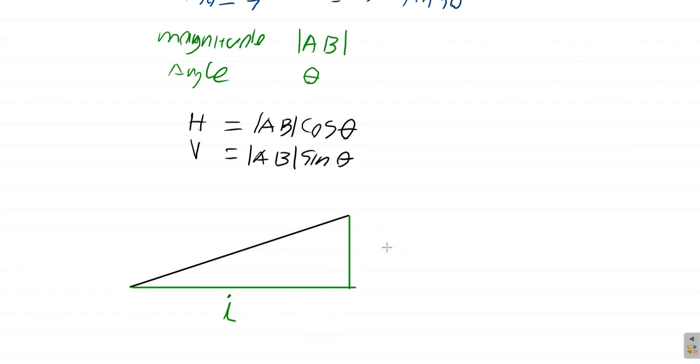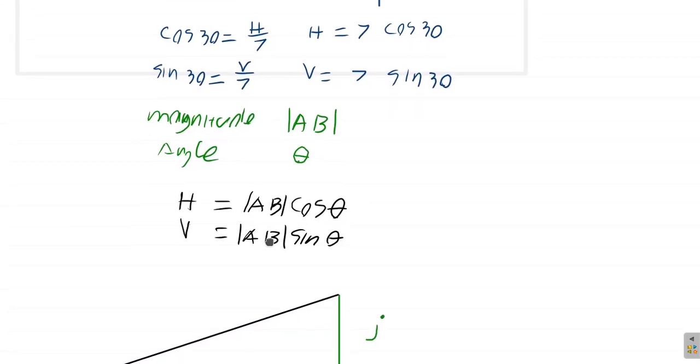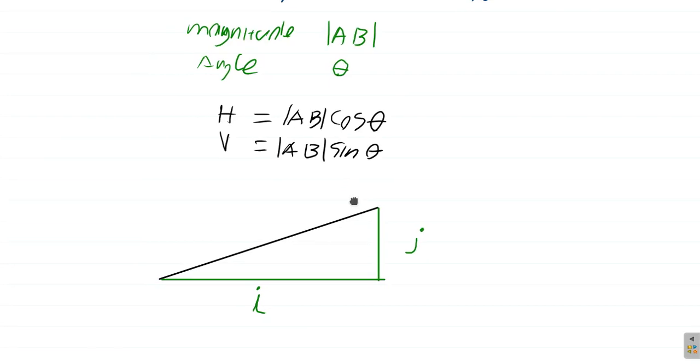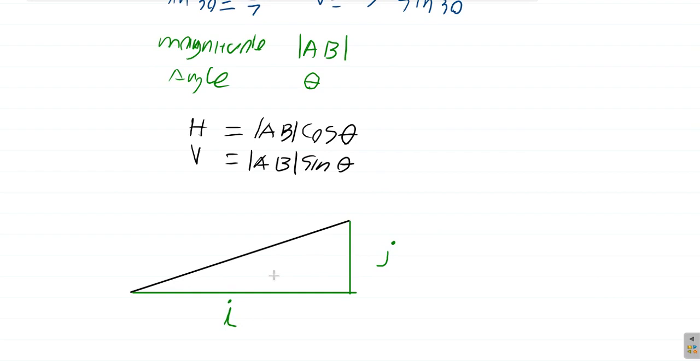It's lowercase i and uppercase J. So just like up here, you have the vector, H and V, you have i and j. i would be AB cos theta and j equals the vertical, AB sine theta. Alright, we'll see what happens in the next video as we continue.